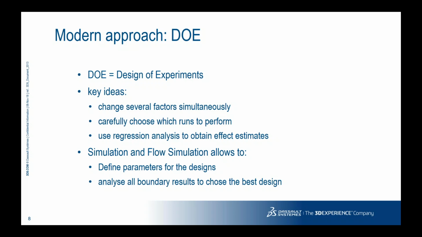Basically, this is the standard in the market for this kind of work. The idea is to change several factors simultaneously, but not to try all the linear combinations of the parameters. So you can have the benefits of optimizing more than one parameter and defining a goal to reach the best design.